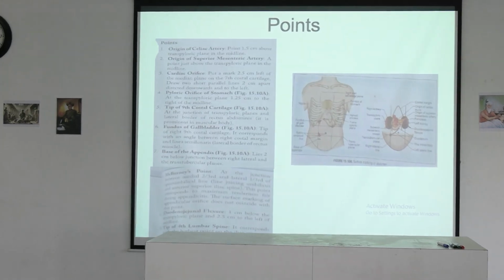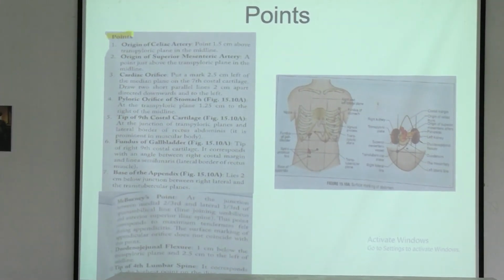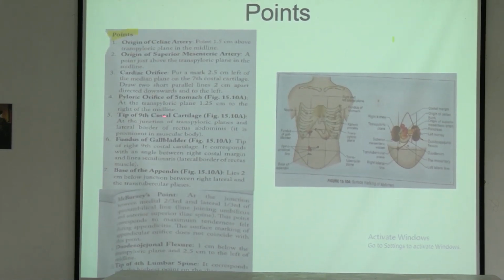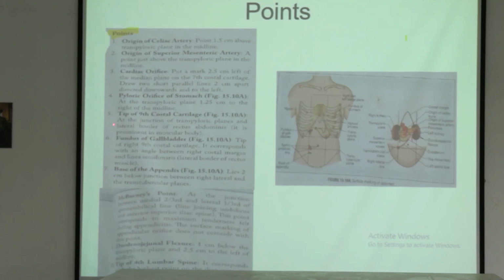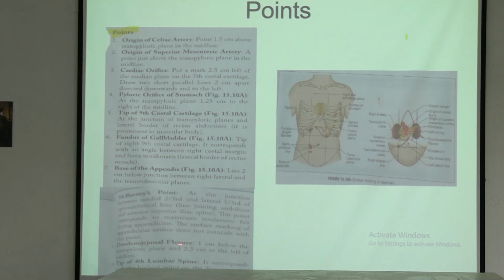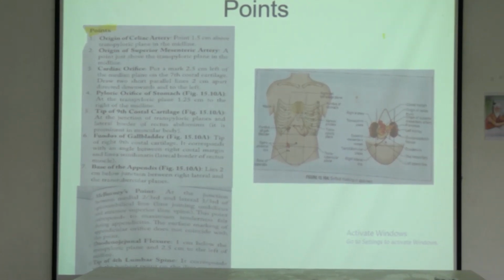These 10 points: origin of celiac artery or superior mesenteric artery, cardiac orifice, pyloric orifice, tip of the 9th costal cartilage, fundus of the gallbladder, base of the appendix, McBurney's point, duodenojejunal flexure, and 4th lumbar vertebra.